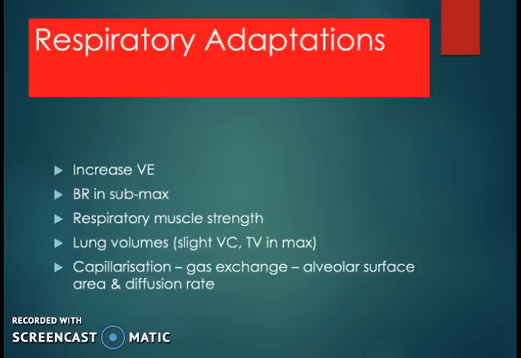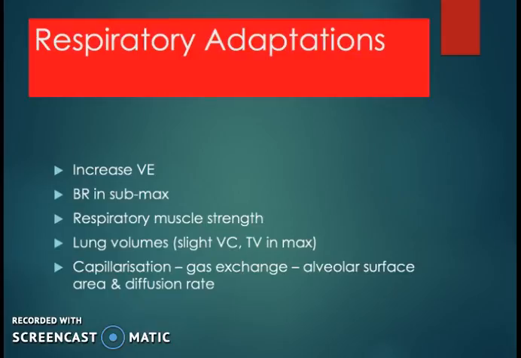Now, in cycling, for example, higher lung volume is needed to increase ventilation, thus increasing tidal volume, and of course ventilation will help CO2 to get out and oxygen to get into the lungs.